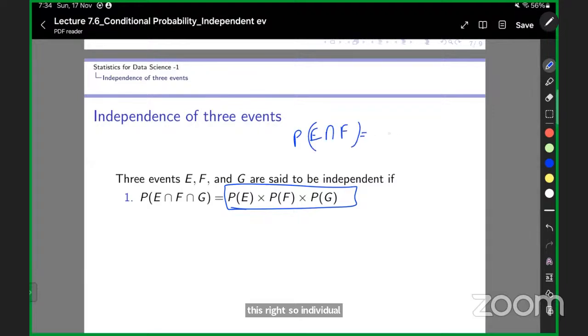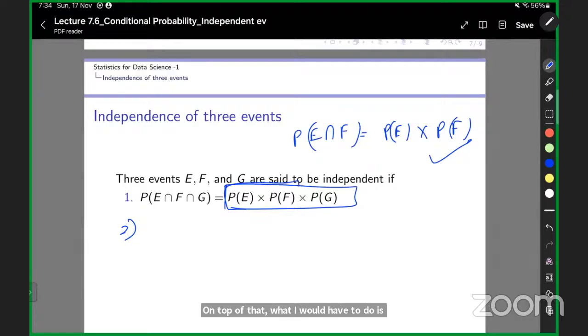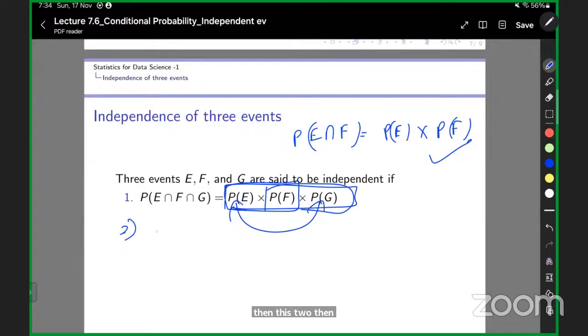In this case we had two, so we checked P of E into P of F. Now if I have three, I have to check this. On top of that, I have to individually check them, so this two, then this two, then this two as well. So E with F, F with G, and E with G as well.